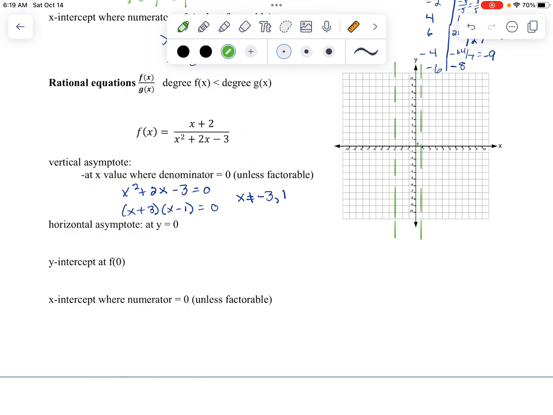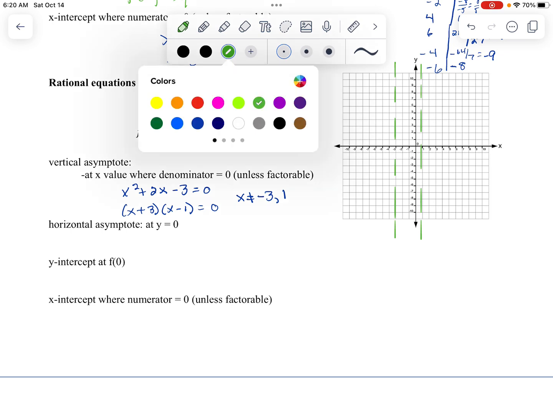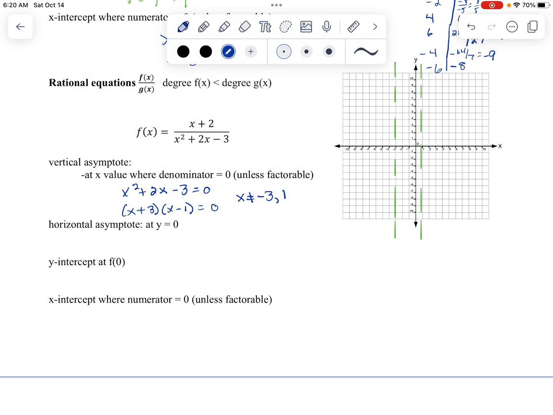All right, a horizontal asymptote. Where's our horizontal asymptote? The horizontal asymptote is going to be at y equals 0. Why is that the case? Well, let's look at this. If we think of the limit as my x is going, let's just think about positive infinity.